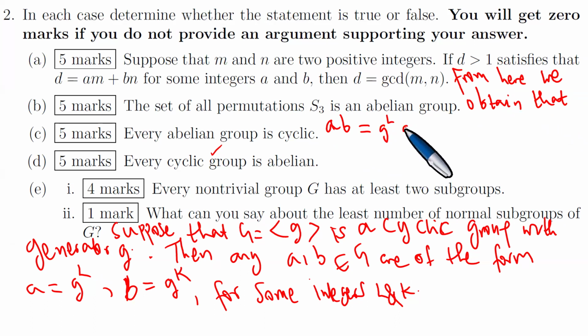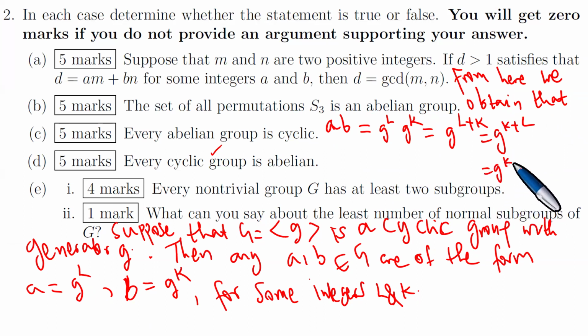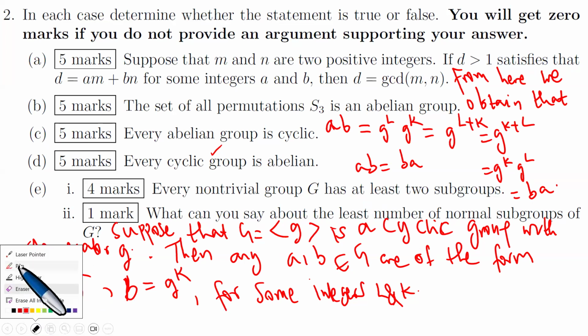It is g to the L. And b is g to the K. These have the same base, so we copy the base and add the exponents. This is g to the power K plus L. Then this can be written as g to the Kth power times g to the Lth power, and this is exactly ba. And it means that ab is ba.